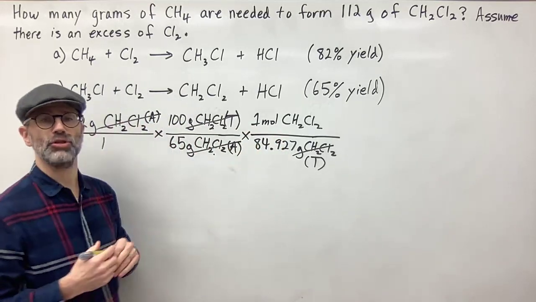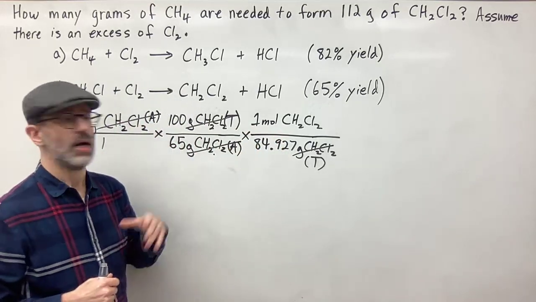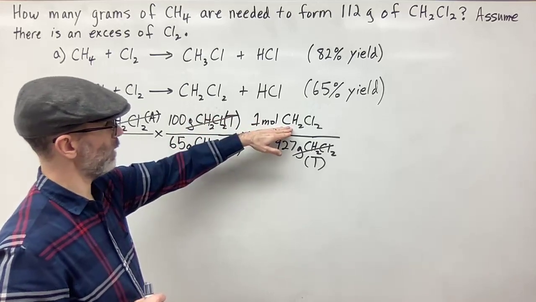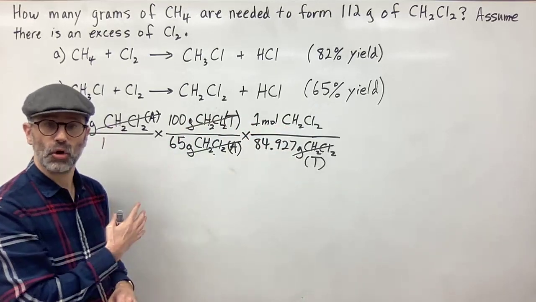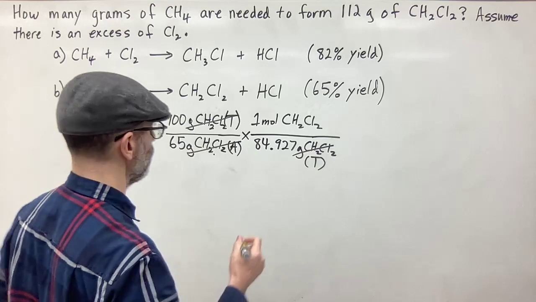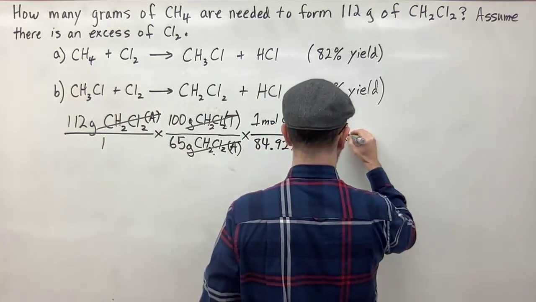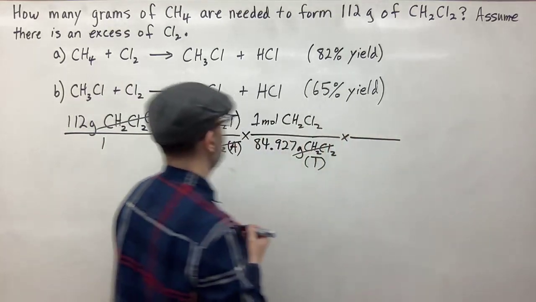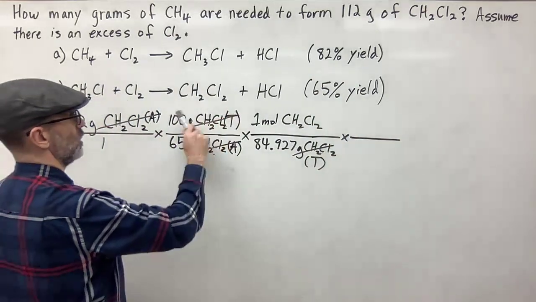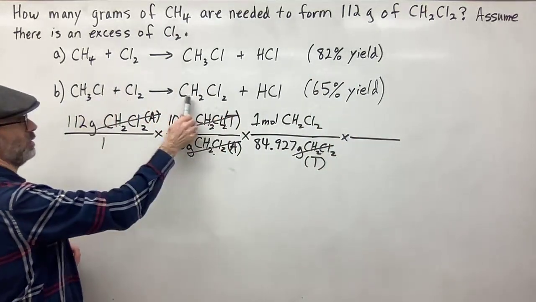So now I can use the mole ratio to convert from CH2Cl2, the dichloromethane, to the chloromethane. Okay, so now I can use the mole ratio, and that mole ratio is 1 to 1, right?